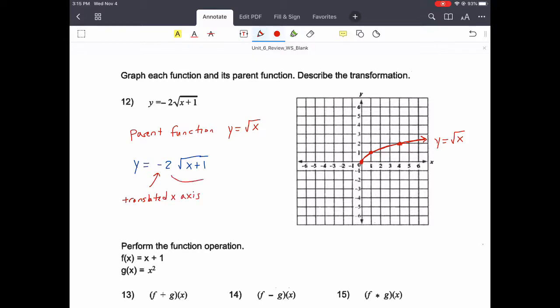We know that the 2 in this case is going to be stretched by a factor of 2. And then we know that the plus 1 here means it's translated left 1.